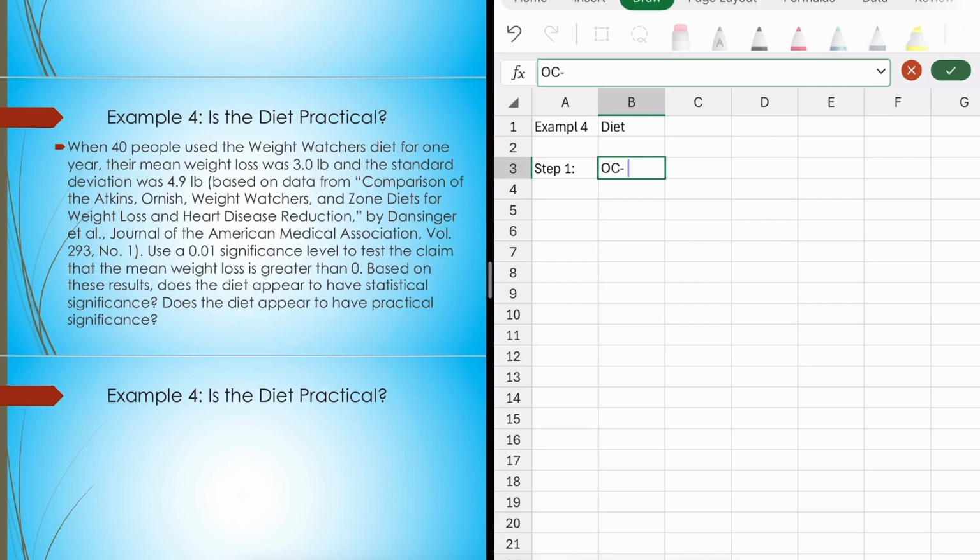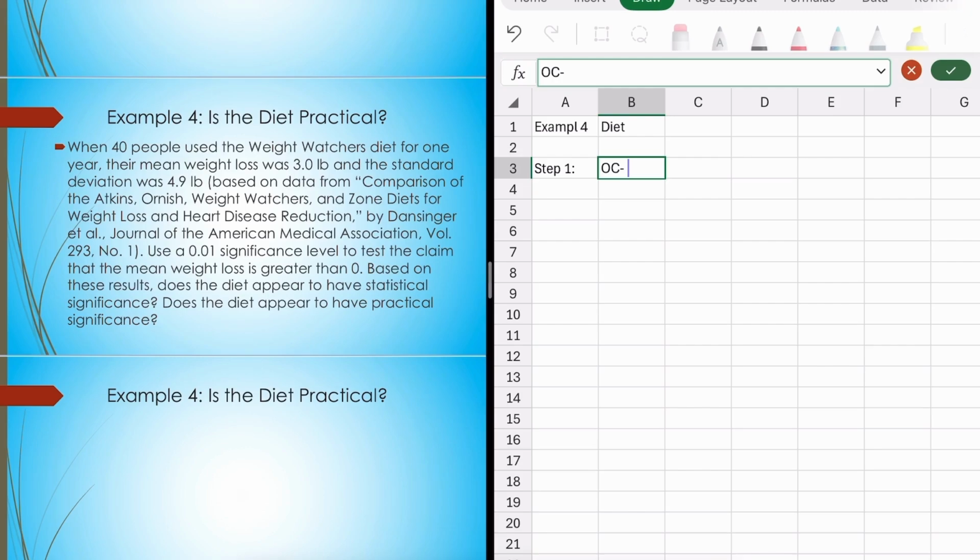Use a 0.01 significance level to test the claim that the mean weight loss is greater than 0. Based on these results, does the diet appear to have statistical significance? Does the weight loss appear to have practical significance?